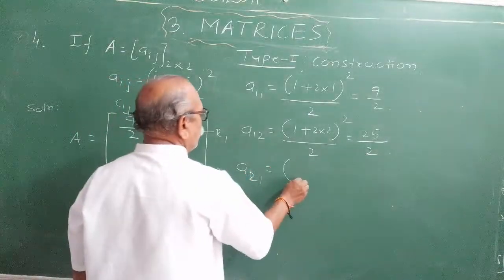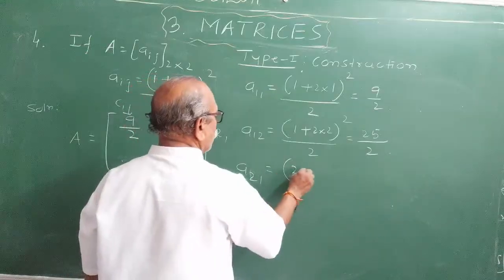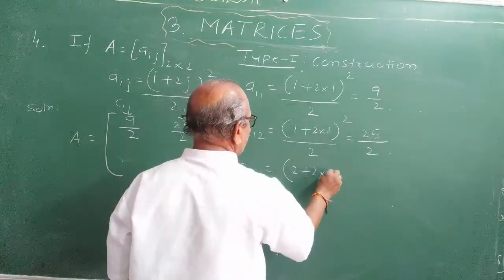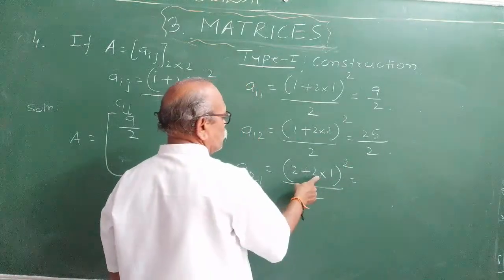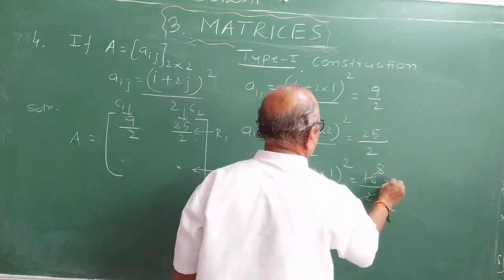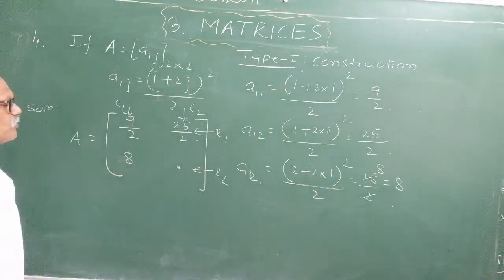A21: I is what? I is 2 now, plus 2 into j. j is 1, square upon 2. You are getting 2 plus 2 is 4. 4 square is 16 upon 2. 2 8s are 16. Answer will be 8.